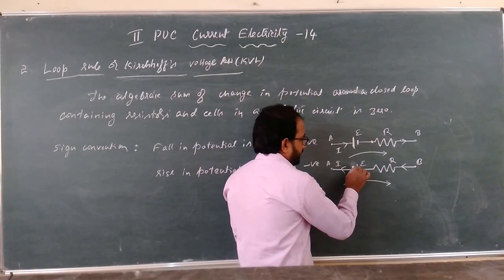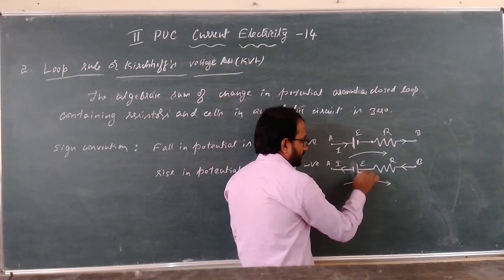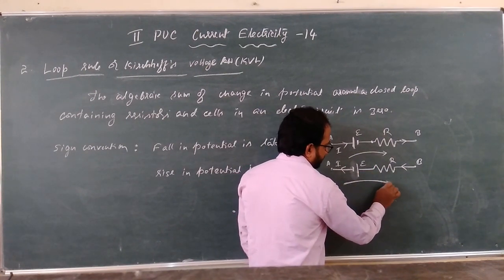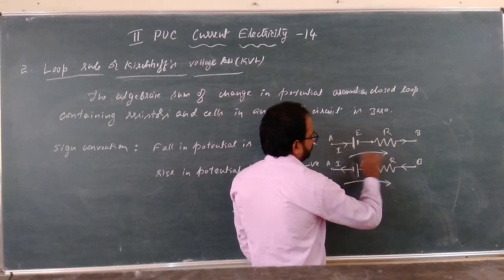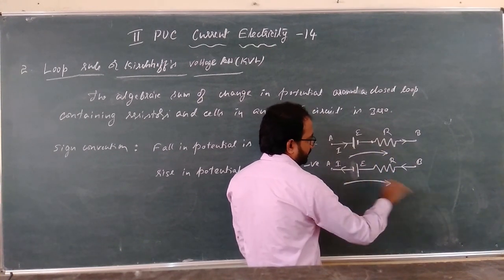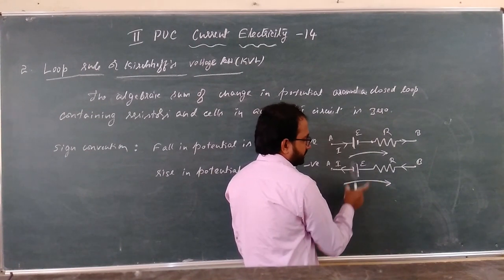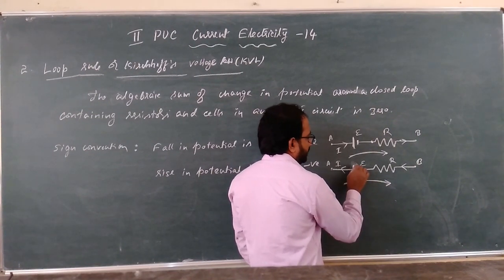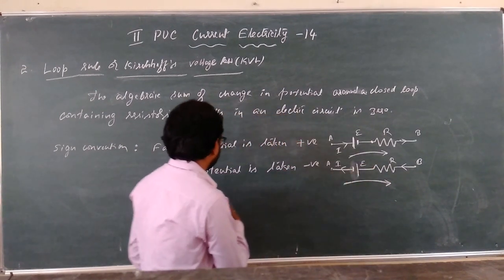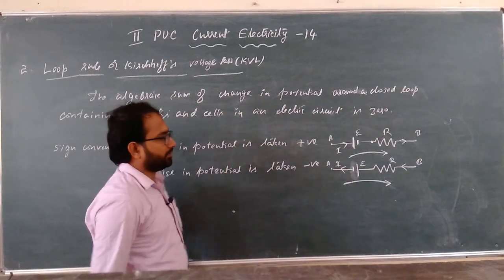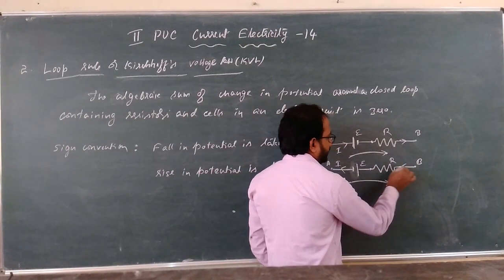Now, since there is a rise in potential, say you are moving from negative electrode to positive electrode, this is the direction of traverse. You are going like this. Here it is a rise in potential, so it is taken as positive. So what is the IR product?